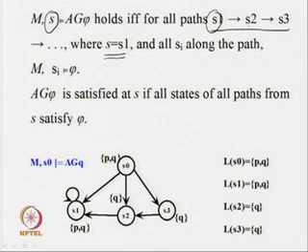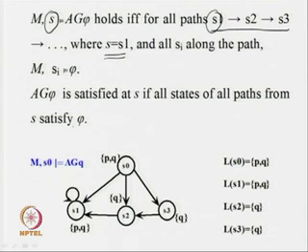So AG phi will be true in a state provided in all states along all the paths phi holds. Just say that AG phi is satisfied at S if all states of all paths from S satisfy phi.